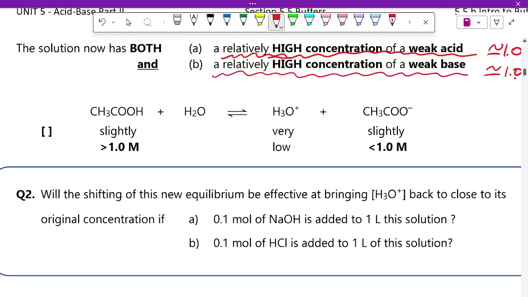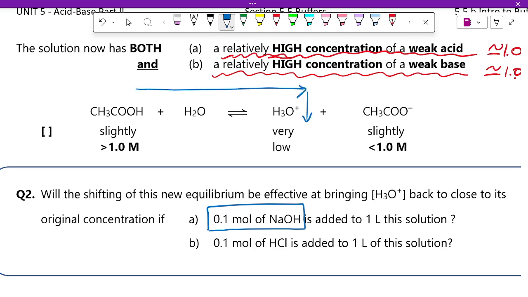What will happen when we add 0.1 moles of NaOH? We'll do this one in blue. 0.1 moles of NaOH causes a shift to the right, because this causes a decrease in H3O+.